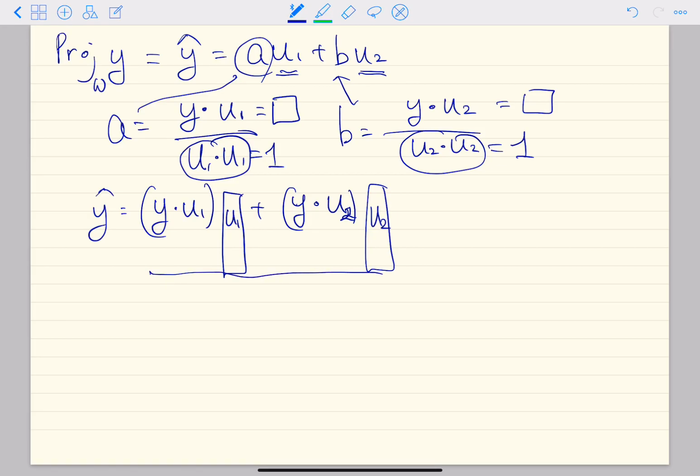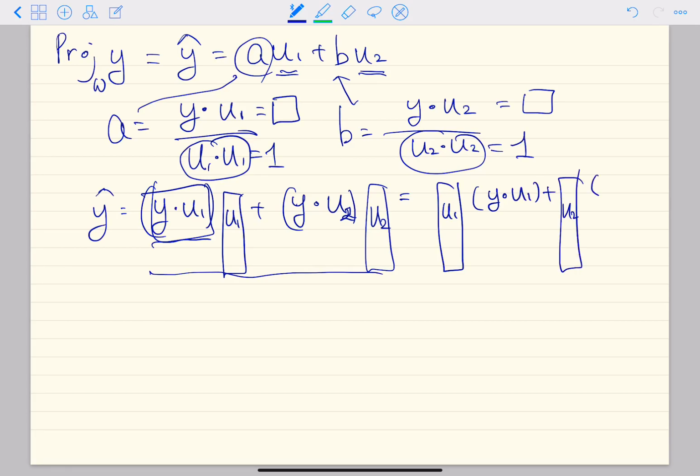Let's manipulate this expression a little bit. So this is a scalar and this is a vector, and we can freely change the order: u1 times (y dot u1) plus u2 times (y dot u2). So far so good, right?